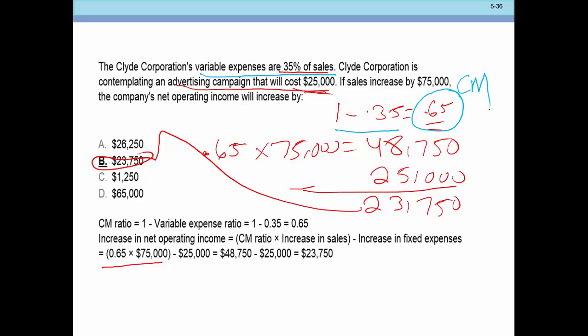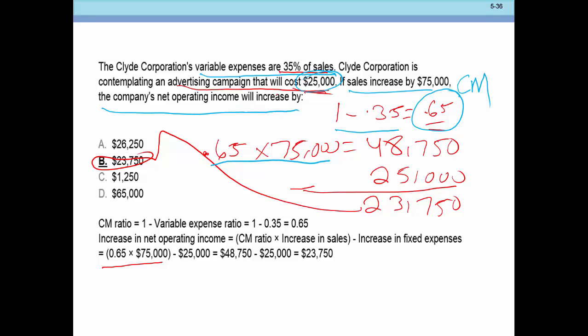Once I realize that, they tell me, if sales increase by 75,000, what will be the increase in my operating income if my fixed expenses are, where'd they give me the fixed expenses? Oh, okay, good.